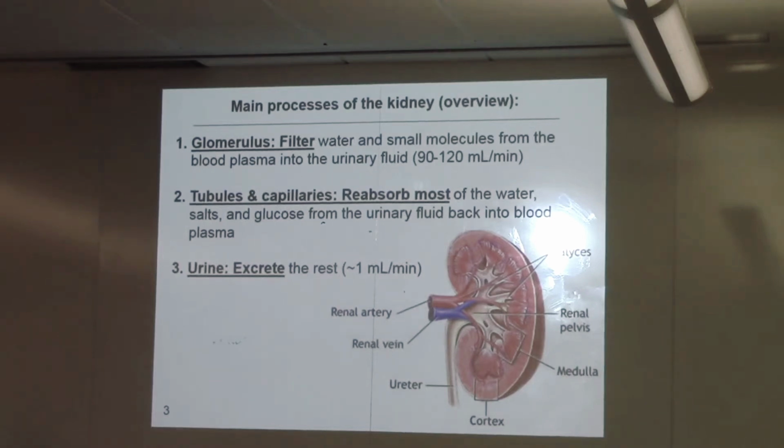What's going to happen then is the renal tubules, which we'll talk about anatomically in a moment, reabsorb the good stuff and leave the bad stuff to be excreted in urine. So it's a recycling system, or a reclamation system. Lots of things get filtered. The kidney takes back what you need and excretes the rest.